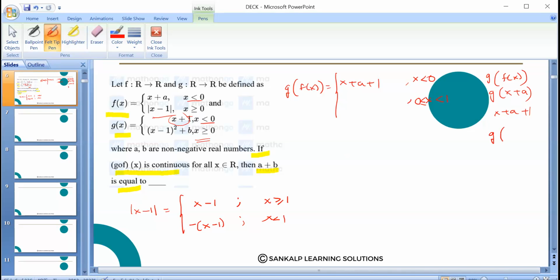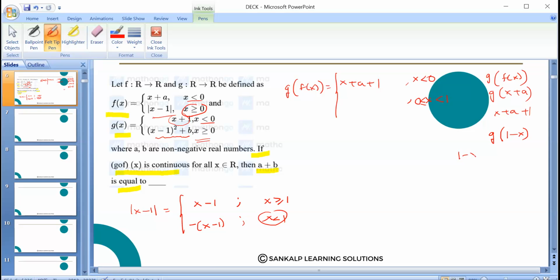So next we have to take x greater than or equal to 0 and less than 1. So g of f of x. Greater than or equal to 0 is here, less than 1 is here. So I have to take 1 minus x. For greater than or equal to 0, we can take this function for g.